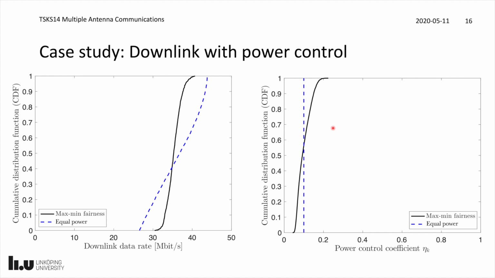So there you're just compensating more generally for that someone is further away than others, but you cannot create so much more interference to the cell center users in order to compensate fully to those at the edge of the cell. That will not be a max-min solution.